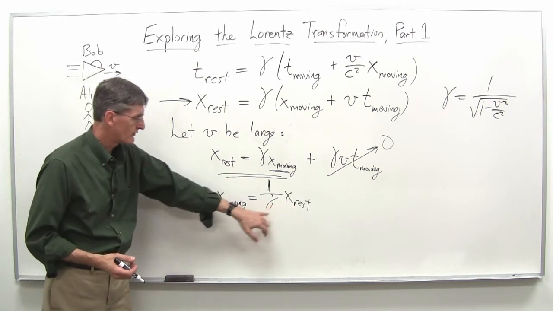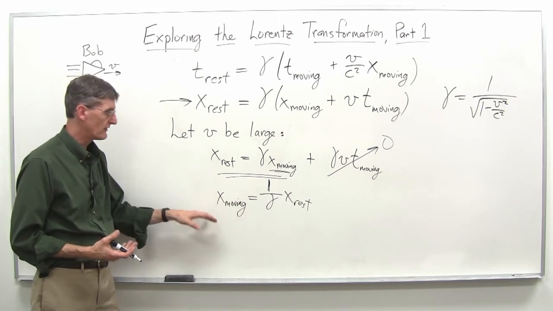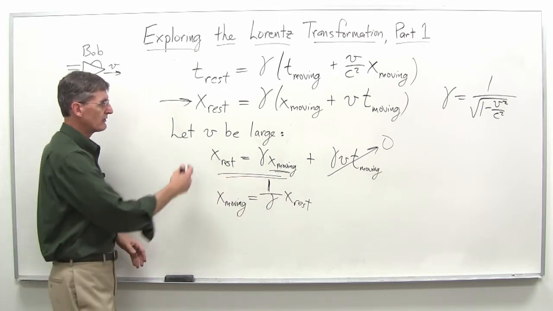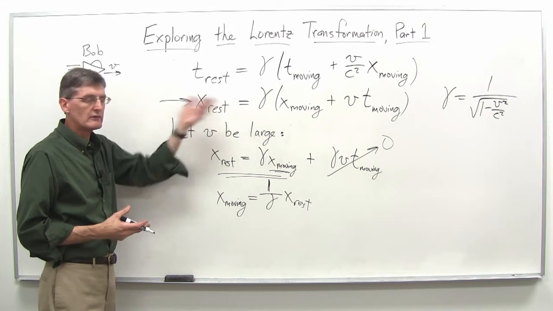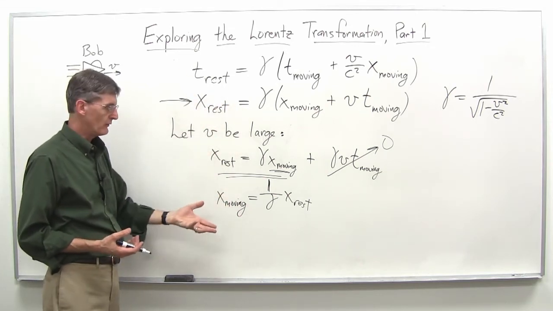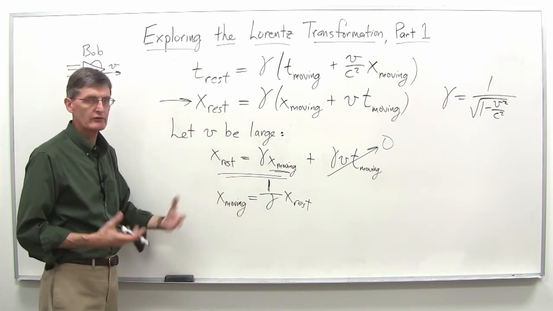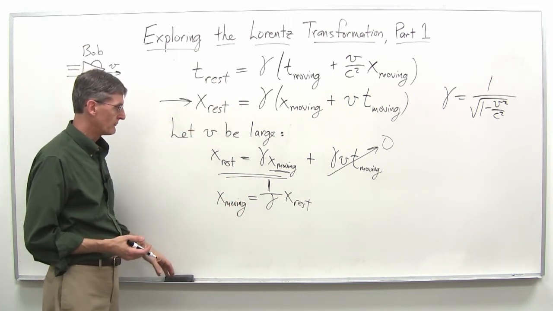You take x rest and multiply by, maybe gamma is 2, 1/2, and you get a smaller value. So this is the length contraction effect, and essentially that's built into the Lorentz transformation, as it better be. If it isn't, then we've got something really wrong here. Either our original conclusion with length contraction was incorrect, or our Lorentz transformation derivation was incorrect.